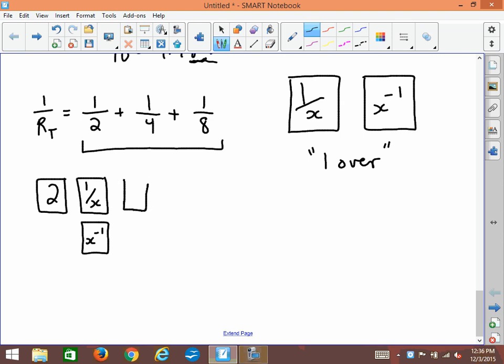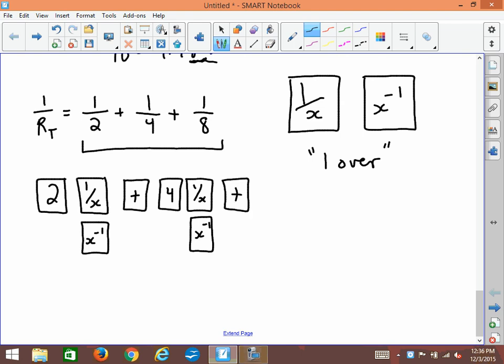Then press your plus button and the number 4, and then your 1 over x button. That turns it into 1 over 4. Then press plus again, then 8, and then your 1 over x button.